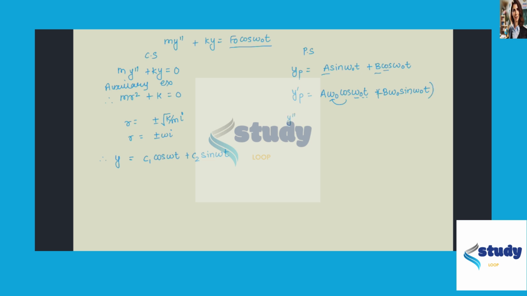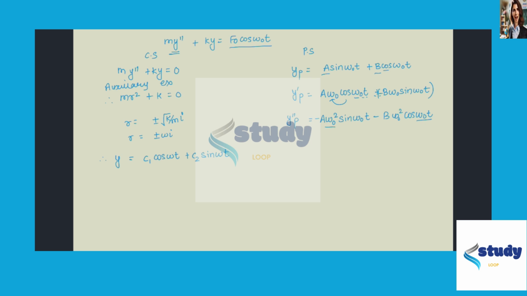We have to differentiate it again since our equation requires two derivatives. So this becomes minus a omega naught square sine omega naught t, and minus b omega naught square cos omega naught t.